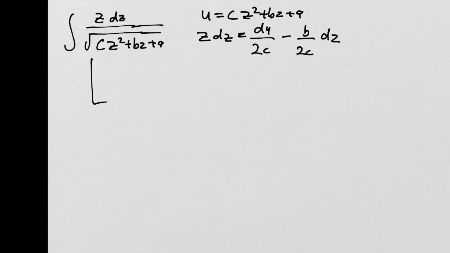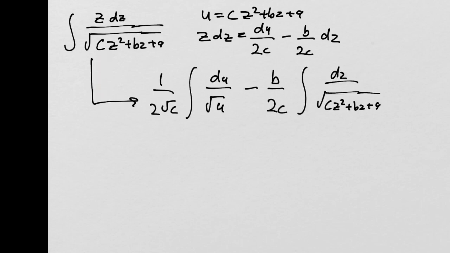Let's see. And that substitution gives you this. It gives you 1 over root 2c times the integral of du over u. This is an elementary integral that we can quickly do. In fact, this will end up being, well, why do I have a square root there? This shouldn't be a square root. This should just be c, right? Yeah.